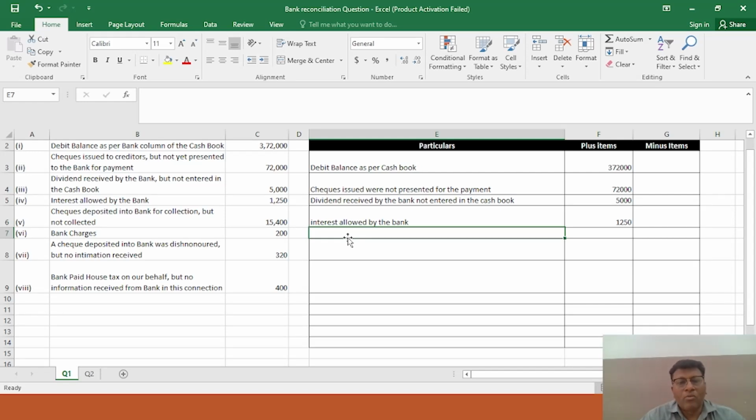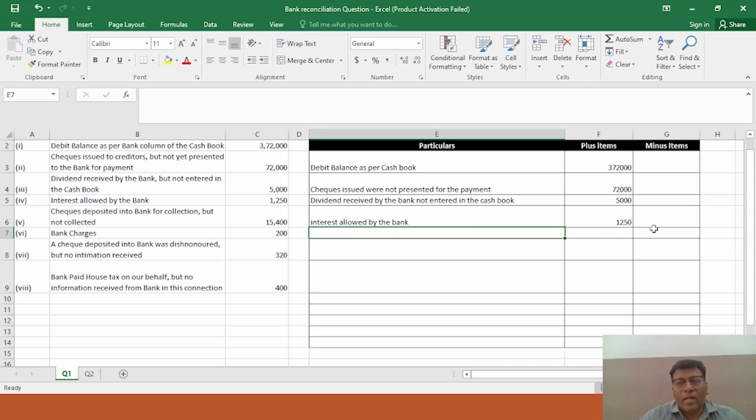the bank account. So if you compare both books, passbook and cash book, through this transaction, you find that the checks were not collected, so the bank balance is less than the cash book balance. So what is the amount? 15,400.